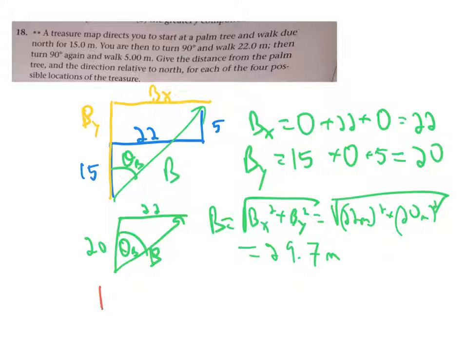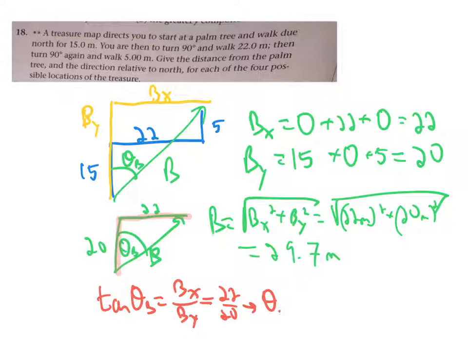And then along the same lines, we can find that the tangent of theta B is opposite over adjacent. Notice for us the opposite was B_X and the adjacent was B_Y, which is 22 over 20, implying that theta B is the inverse tangent of 22 over 20, which is 47.7 degrees.